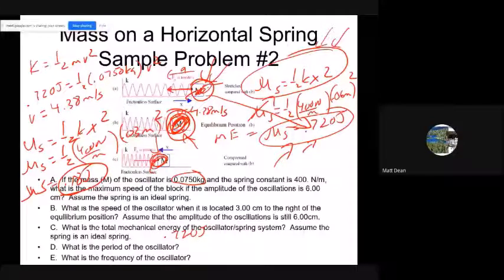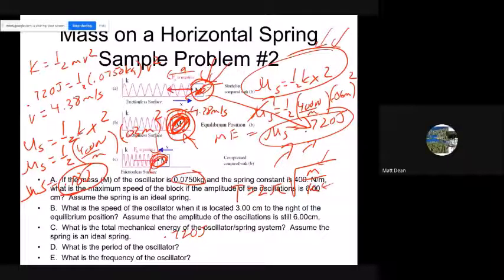The period of a mass on a horizontal spring is 2 pi times the square root of mass over spring constant. So the only things that determine the period are the mass of the object and the stiffness of the spring, essentially the spring constant.